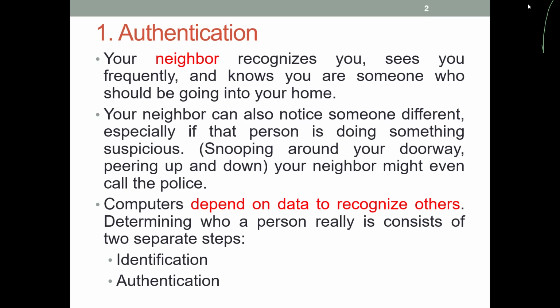The same concept we apply to systems. If you have information systems, normally the person has some identity number, maybe a username and password. If they use that particular username and password, it indicates that exactly the person who was given permission will access the system.